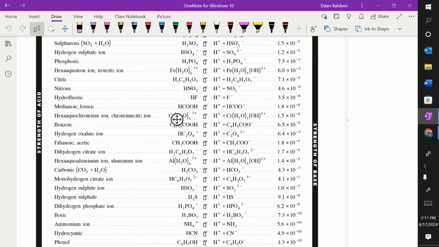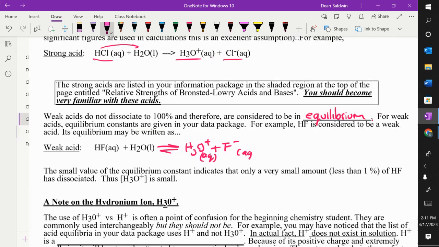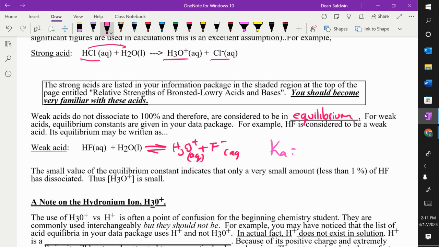Apparently my pen doesn't want to work on here. There it is. Yeah, 3.5 times 10 to the minus 4. Thank you. Ka equals 3.5 times 10 to the minus 4, which is not a very big number. So basically it means less than 1% of the HF will dissociate. Okay, so it's not very much.